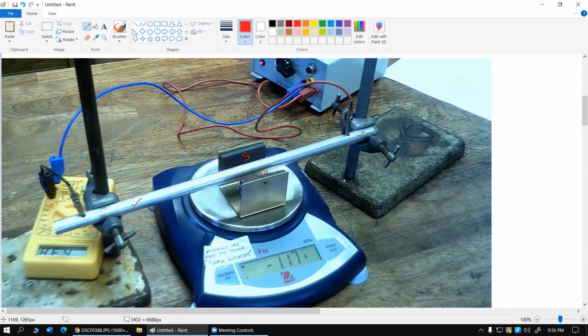We do not want this thing to flex. This has to be rigid. We place such a conductor that is rigid enough in between these two places. You can see that these are the supporting ends, and then we connect this thing to a DC power supply, and we can actually measure how much ampere we are sending. There is an ammeter over here, and that's basically the setup.